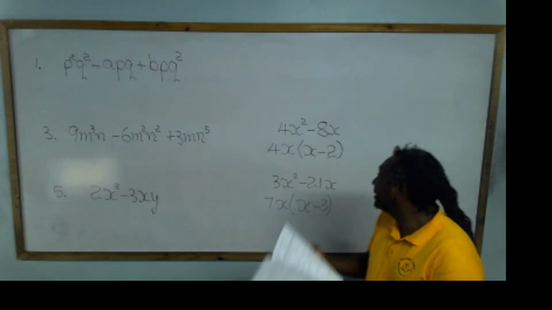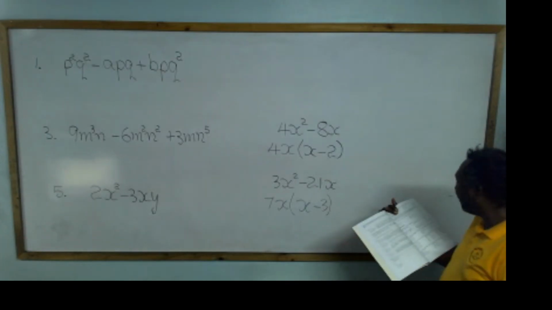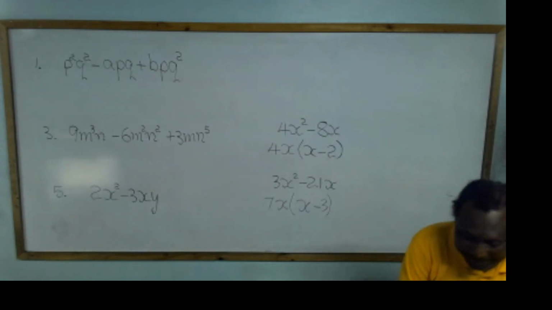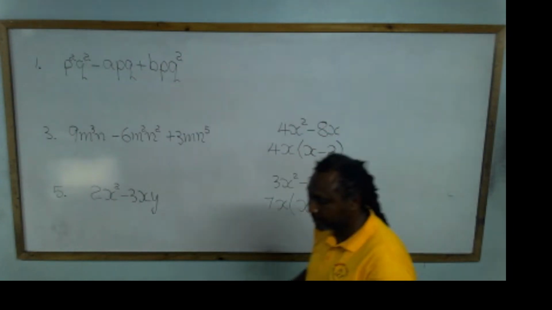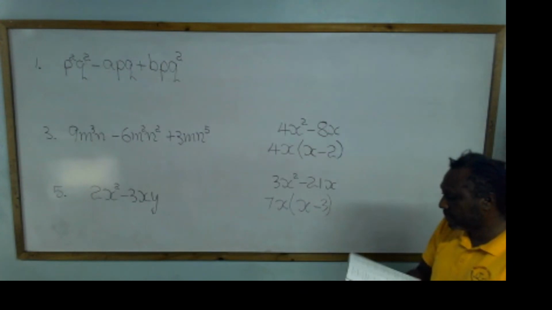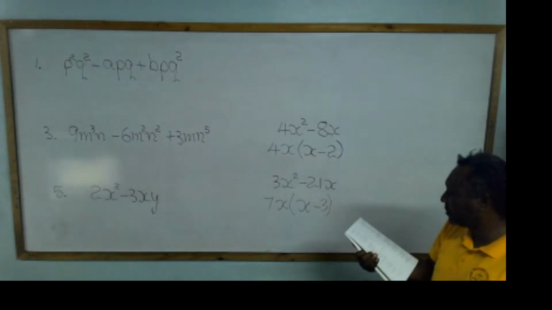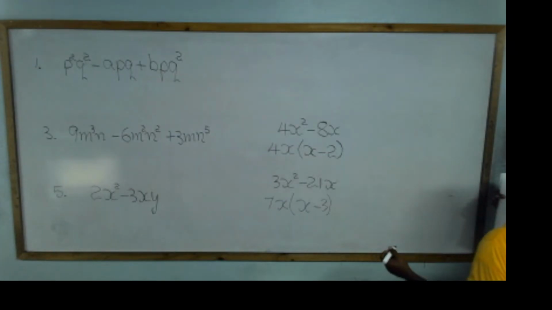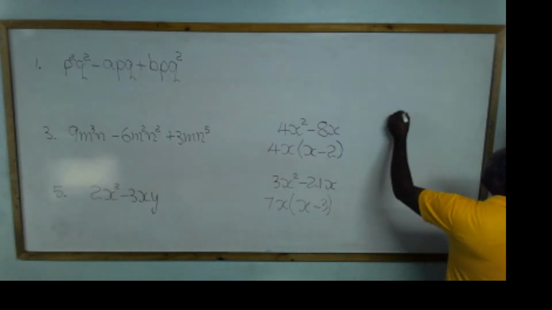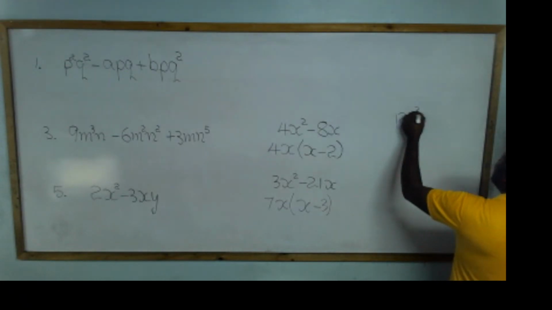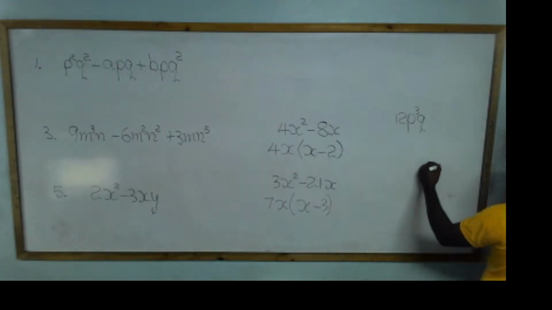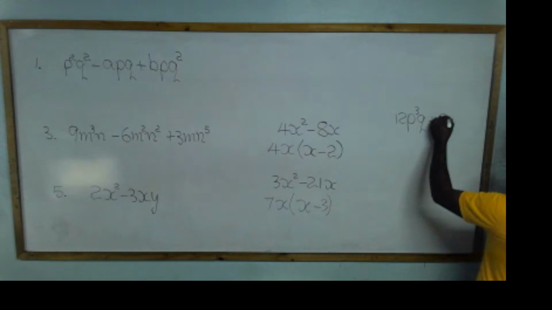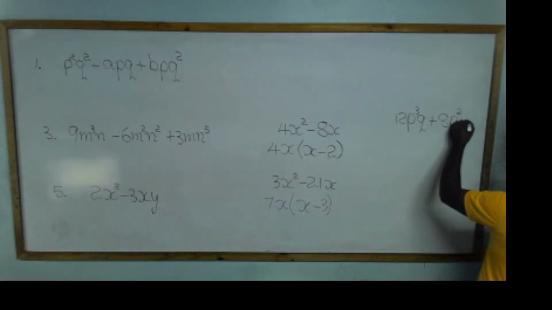Let me see if I can put two. Hopefully, I was supposed to be looking in tutorial 1. This one is horrible, but we'll have a nice time with it. 12p cubed q plus 8p squared q cubed.